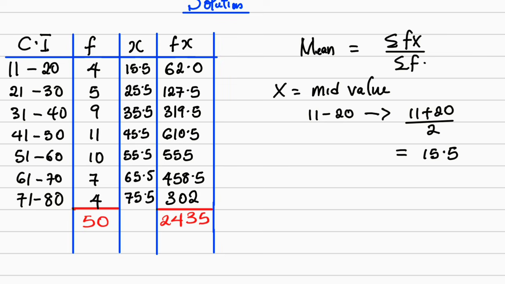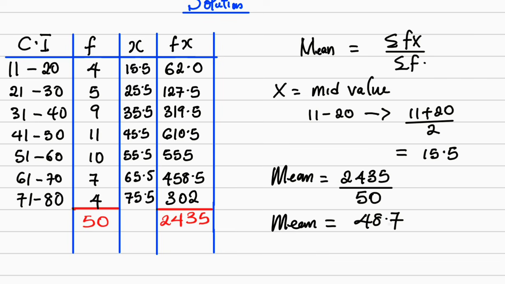Let me move quickly to get my mean. My mean is therefore 2,435 divided by 50, which is 48.7. So I've now gotten my mean. We finished the first question.